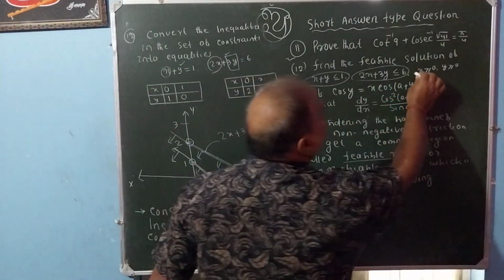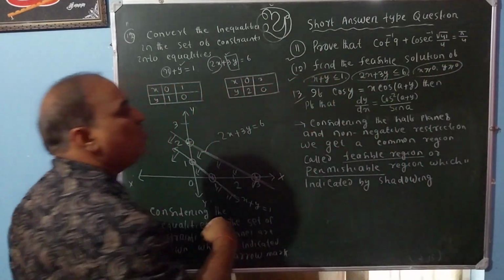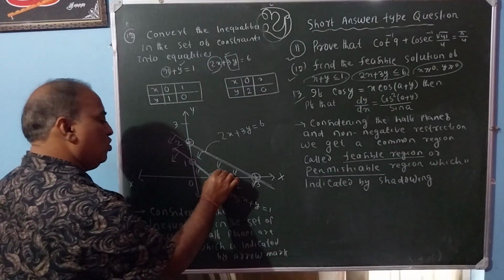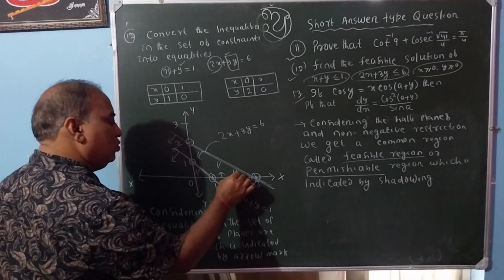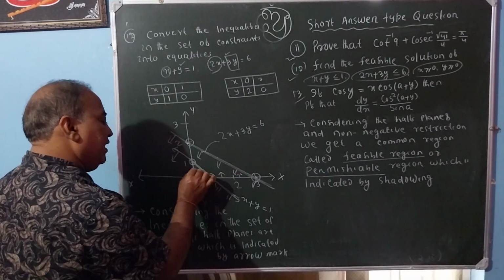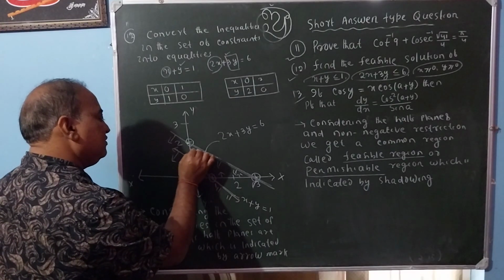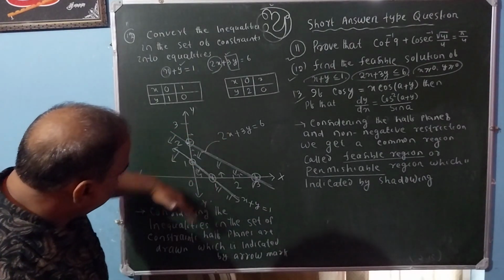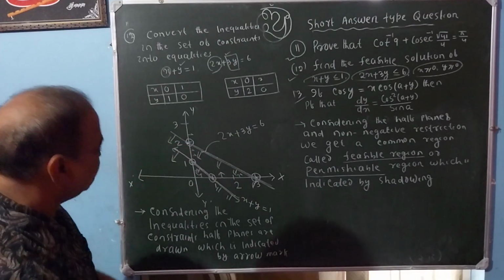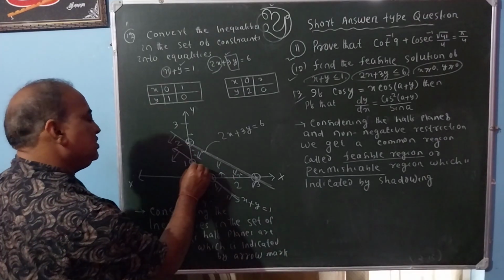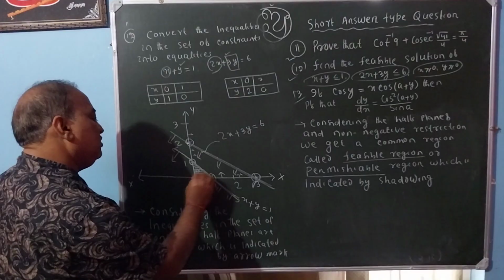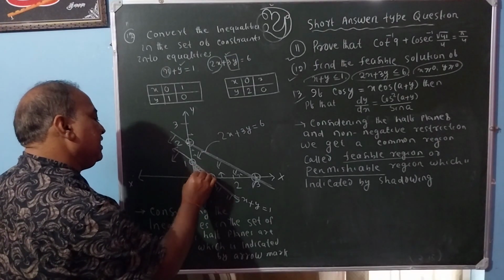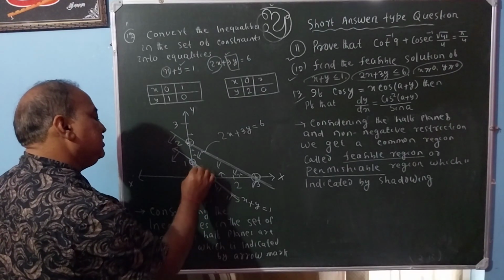So the non-negative restrictions are x greater than or equal to 0, y greater than or equal to 0. So you have to mark these arrows here for x and here for y. What is the common region? This is the common region which is indicated by shadowing.